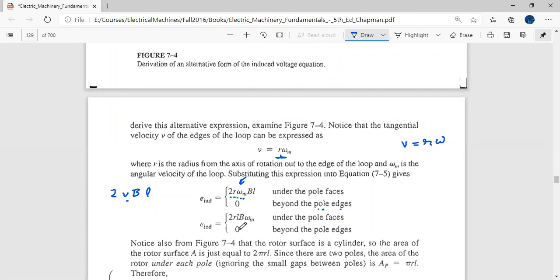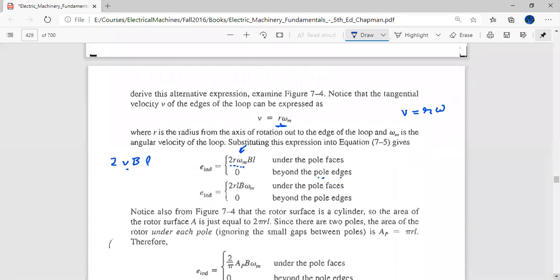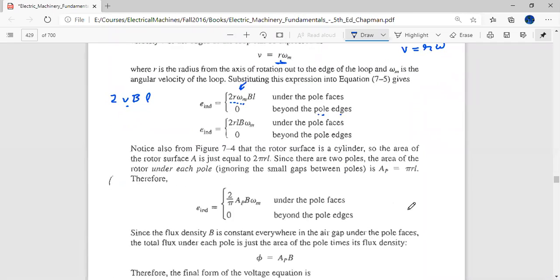And you also know that you can substitute the pole area, which is equal to pi RL. So now you are substituting RL: RL is equal to AP over pi.